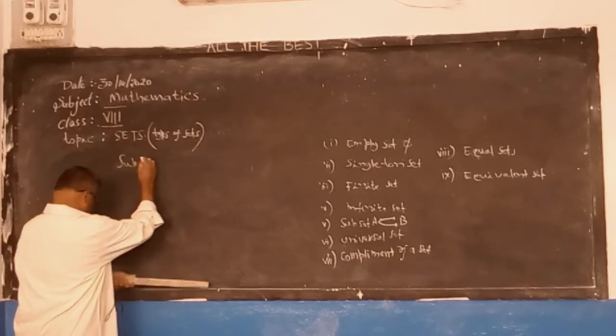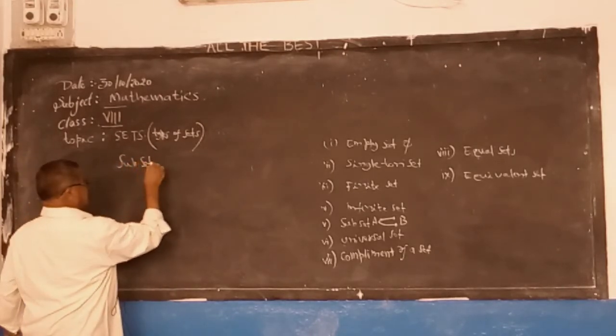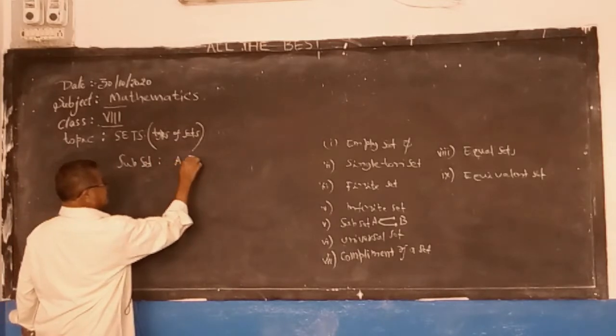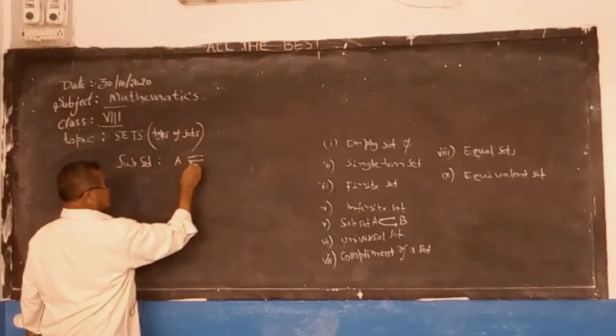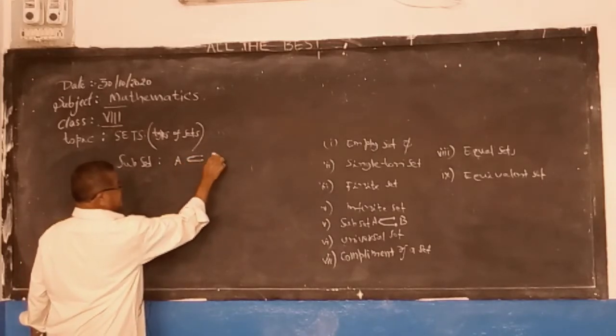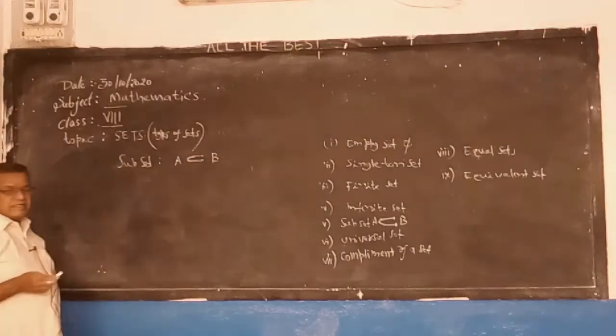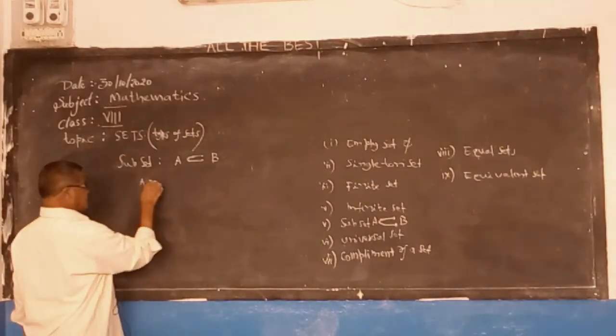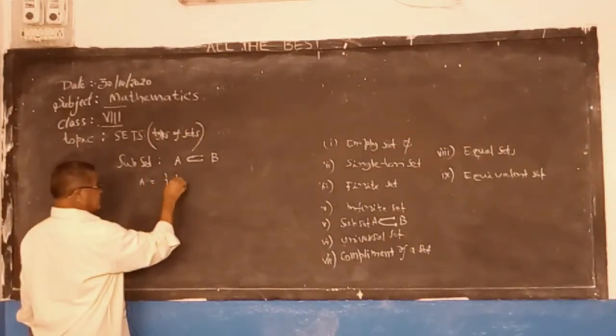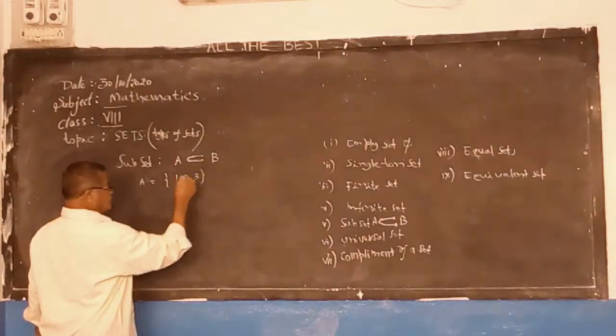Now, subset. A is a subset of B. What is the meaning? I will explain with an example. Set A contains the elements 1, 2, 3.